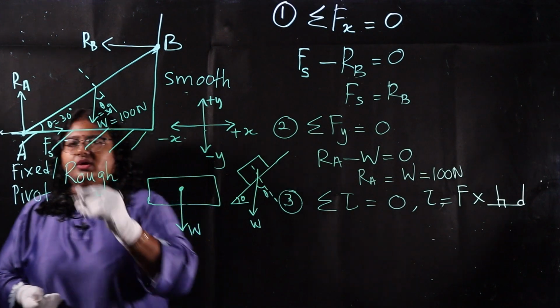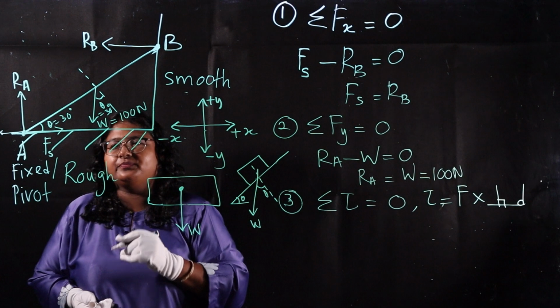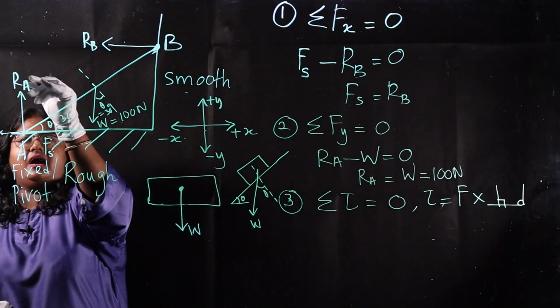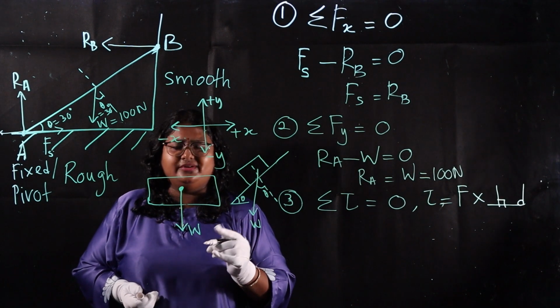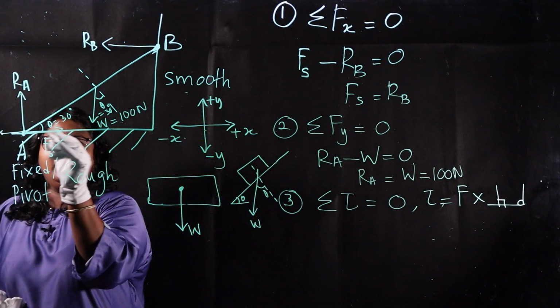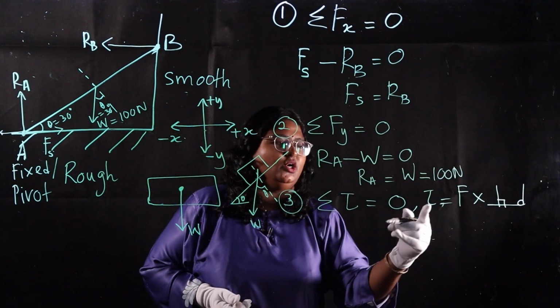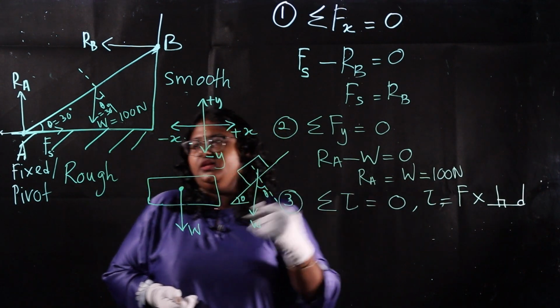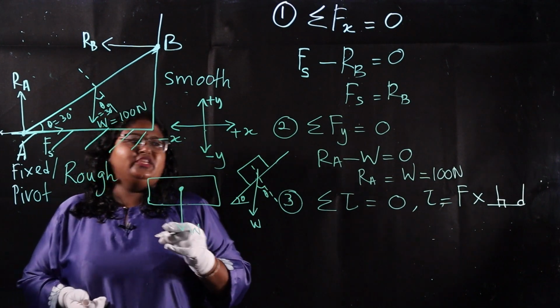If I take A as a pivot or fixed point, Fs and Ra will have a 0 torque. Why is it 0 torque? Because there is no distance from A, 0 distance. So 0 times the force will give 0 torque. So we have only the weight and Rb, which have the torque.